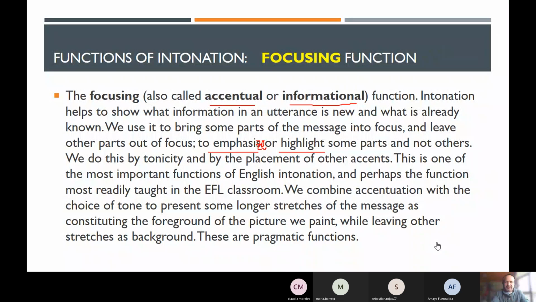So phonetics is sort of the focus, and you make it more prominent than the other elements. So that's the focusing function of intonation: allowing the listener to pay attention to a specific segment of the message.